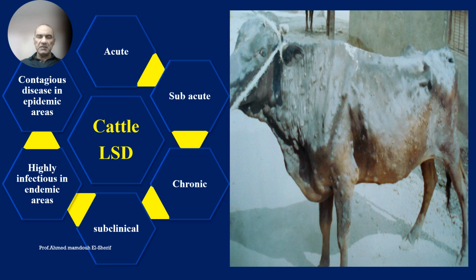In epidemic areas, the animal will show acute, subacute, and some cases will be chronic. This picture is taken from the epidemic reported in Egypt in 2012. We see cattle with enormous skin lesions of lumpy skin disease.